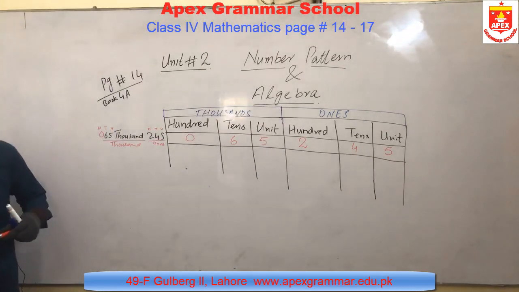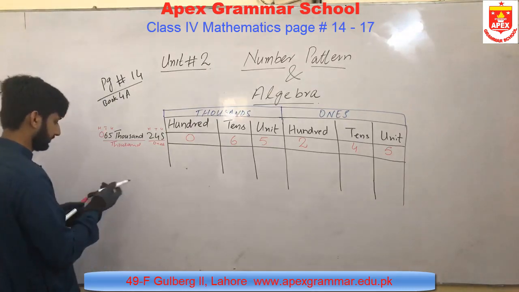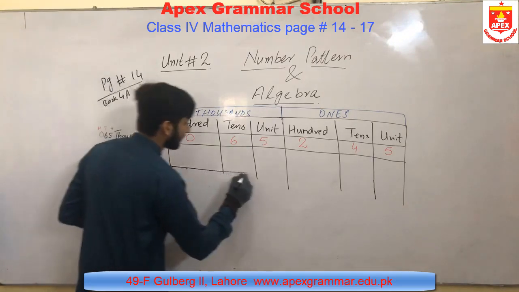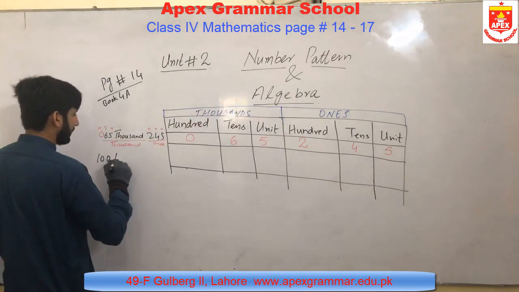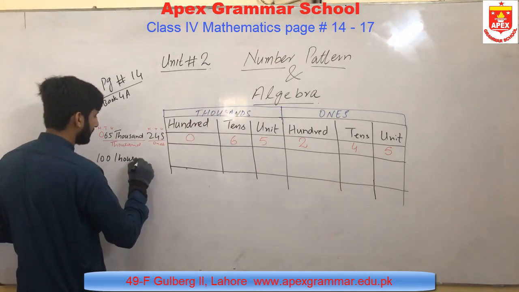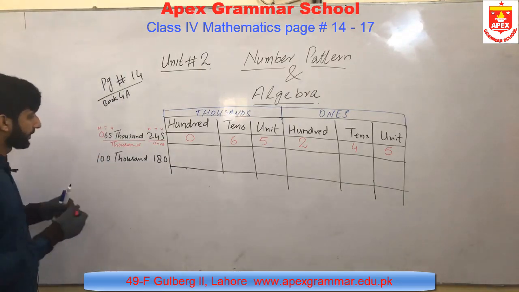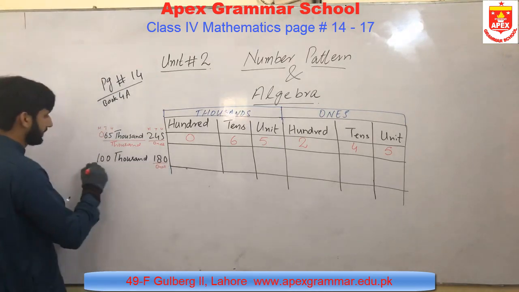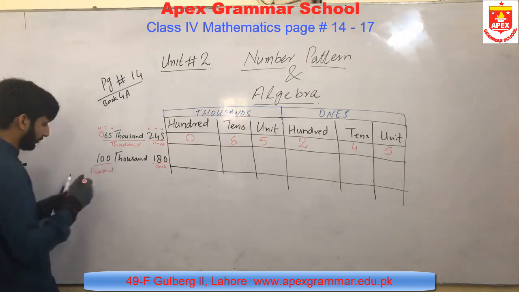Next number is 100,180. Similar, these 3 digits are for ones and these 3 digits are for thousand.